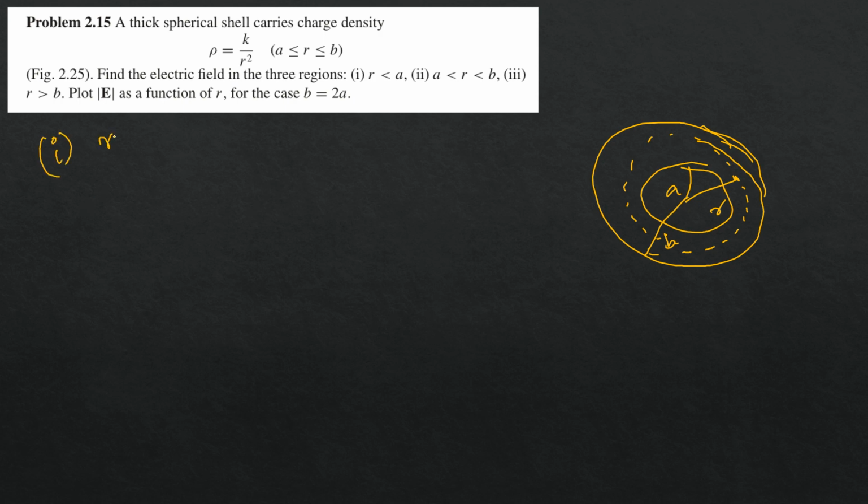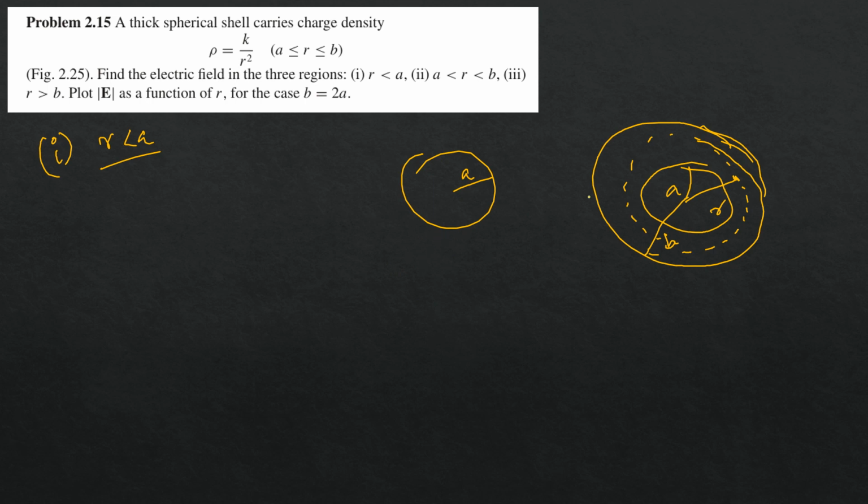First region R less than A, then A less than R less than B, and R greater than B. Plot E as a function of R for the case B is equal to 2A. So, first tell me. For r less than a, if you see, for example, the inside one, can you tell me what is the charge enclosed?